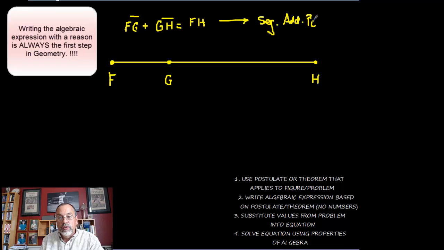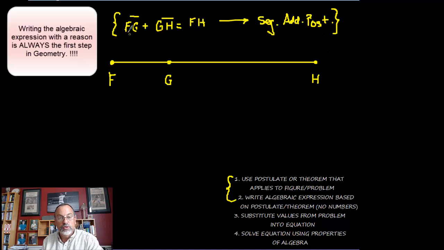So again, this is geometry right here. This is the major focus of geometry, these two steps which I said we'd be concentrating on. You can use a postulate or theorem that applies to the figure you're looking at, which allows you then to write this mathematical expression based upon the segment addition postulate.